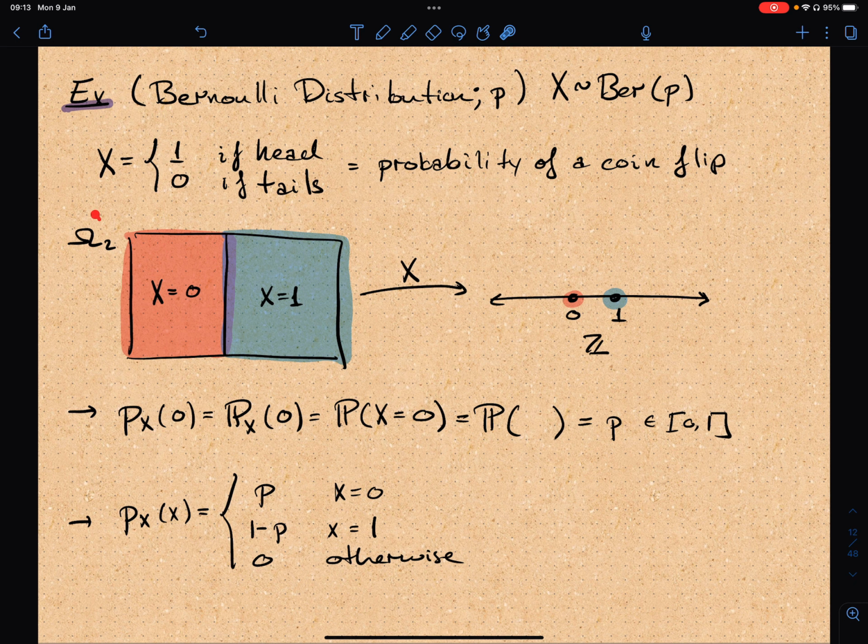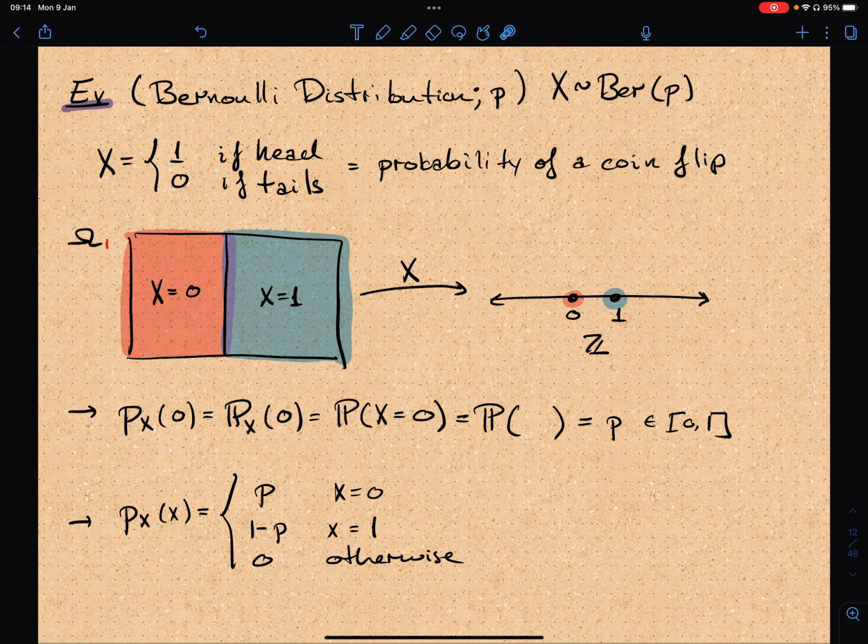Here the space omega, the domain of X, is going to map to 0 and 1.